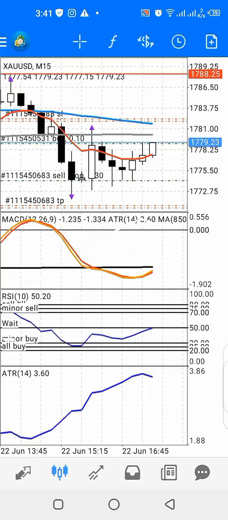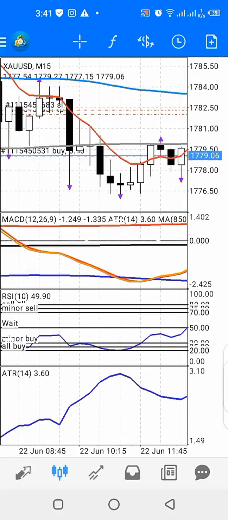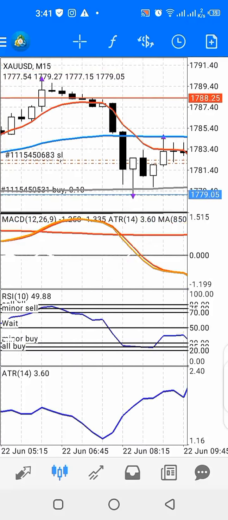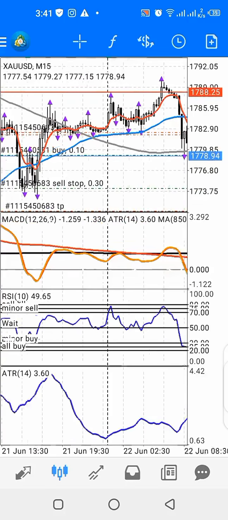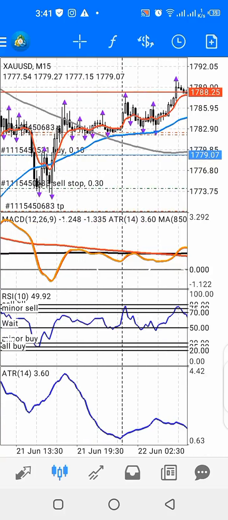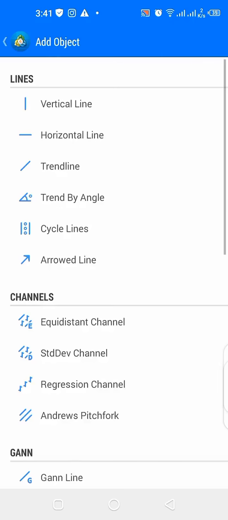Okay, you can see price going above my buy entry, just flickering around it. The chart is a 15 minutes chart, gold XAUUSD.